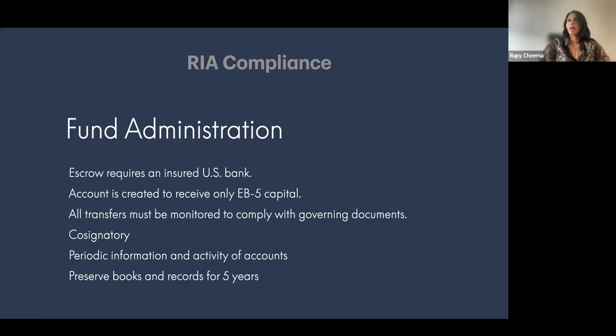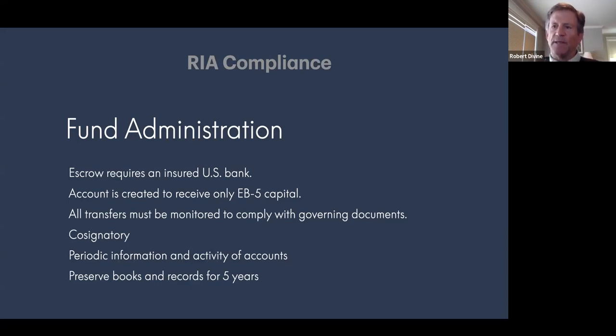And what if you're repaying bridge financing, let's say to an owner, right, of the JCE? Well, if that's part of the business plan, then I think it just needs to be documented. That's what it's for. Okay. And documentation about the bridge financing, how it was injected, how it's been spent. And the fund administrator can say, yeah, okay, the business plan included that the money was going to be spent on that.